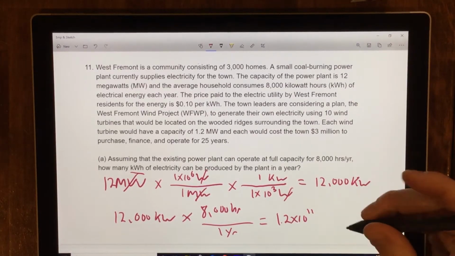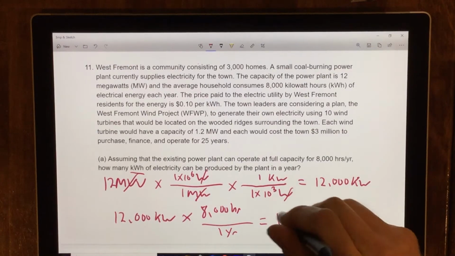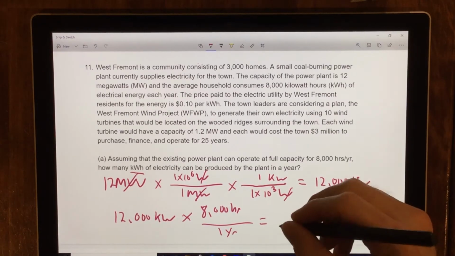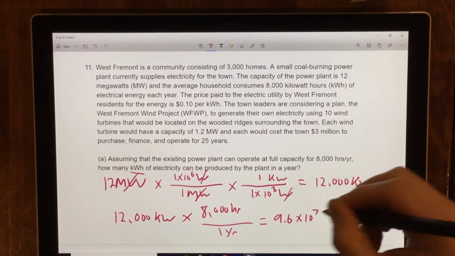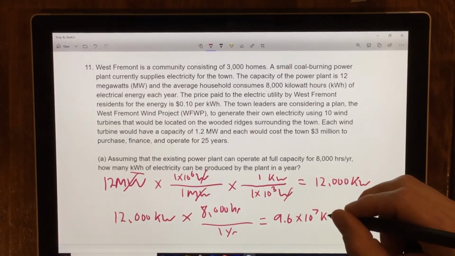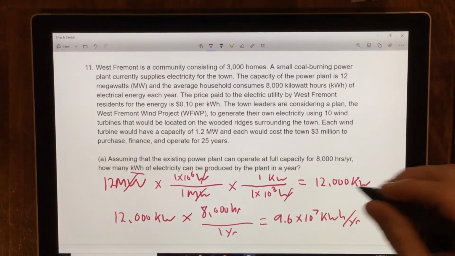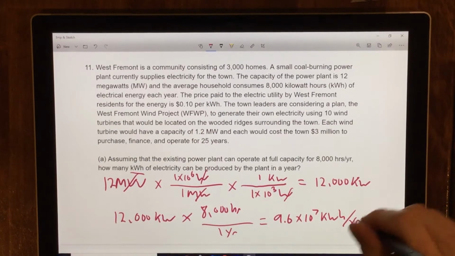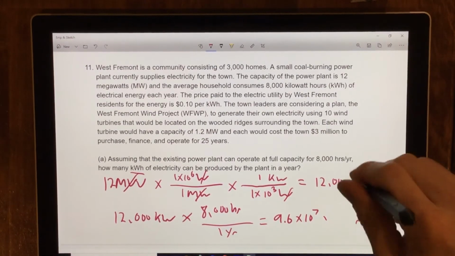Oh no, that's the next one. That's number 10. Jeez. Sorry, I'm looking at my key over here. 9.6 times 10 to the 7th kilowatt hours per year. Again, labeling units, showing, canceling, labeling, answer. Okay, so that's A.